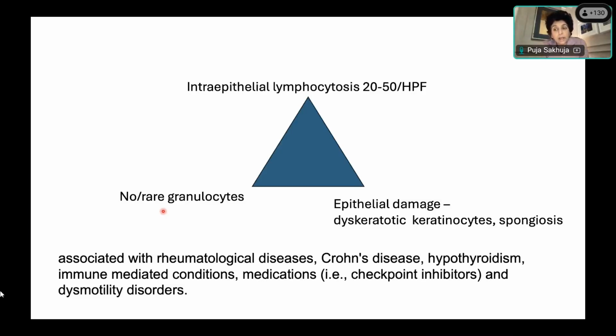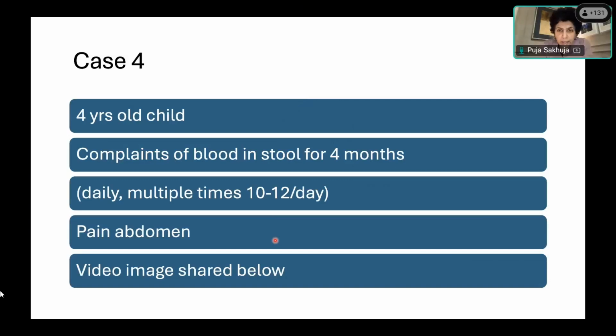It is a much higher number, usually more than 20, some say more than 50. It's not very well defined. You should not see neutrophils or granulocytes, and there may be some epithelial damage. Again, this is now lymphocytic esophagitis, and again, pretty similar etiology as lymphocytic gastritis.